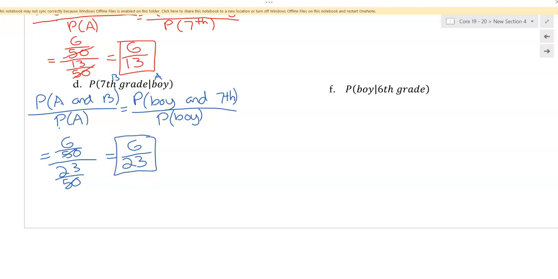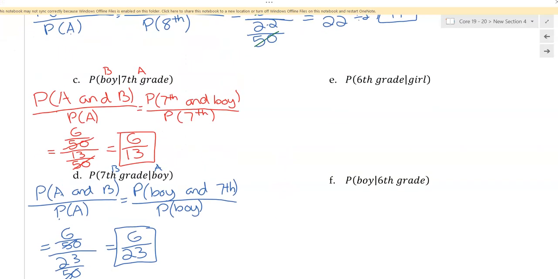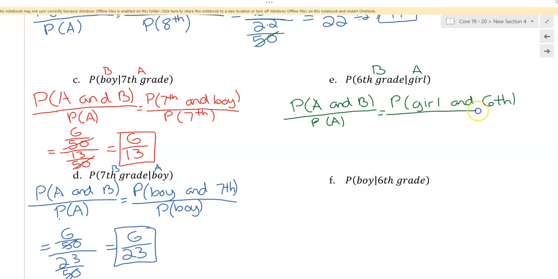Okay. All right, 2 more examples. Almost done. Right, probability of 6th grade given girl. Okay. Again, our formula is probability of A and B over the probability of A. Again, B comes before, A comes after. So we have a probability of A is girl and B is 6th grade over the probability of A, which is girl.